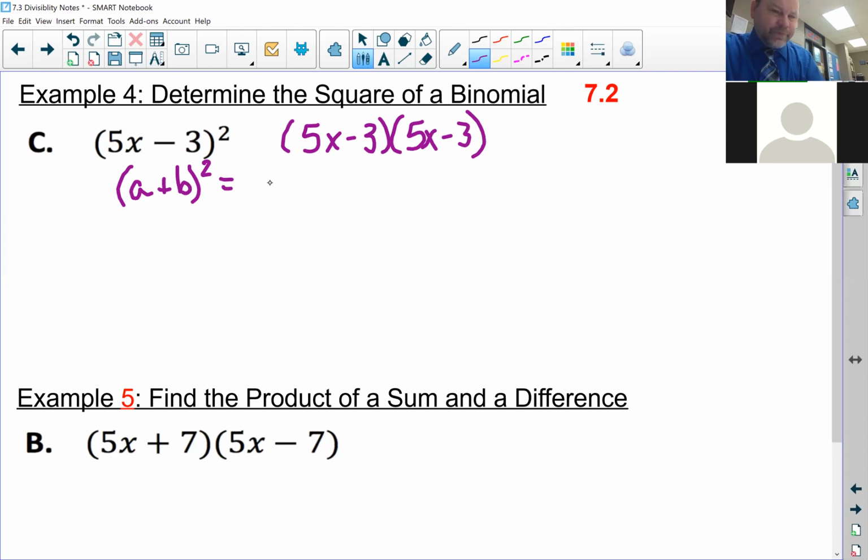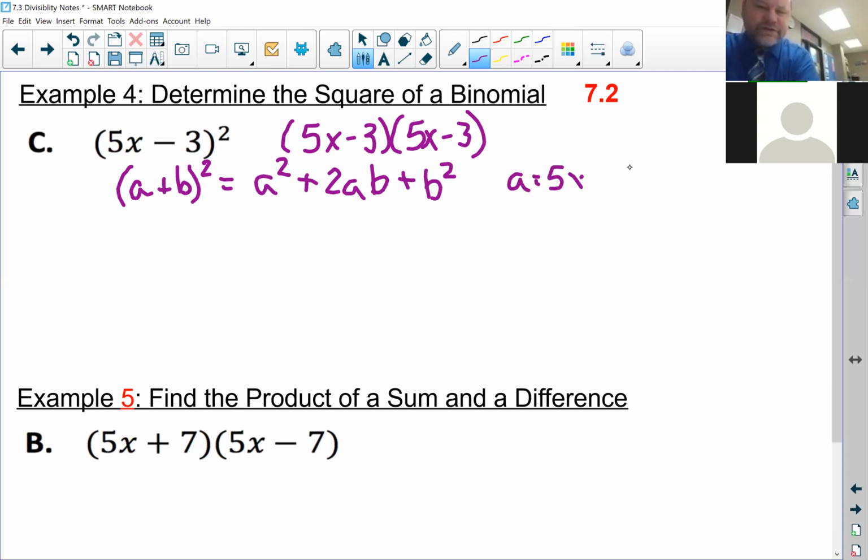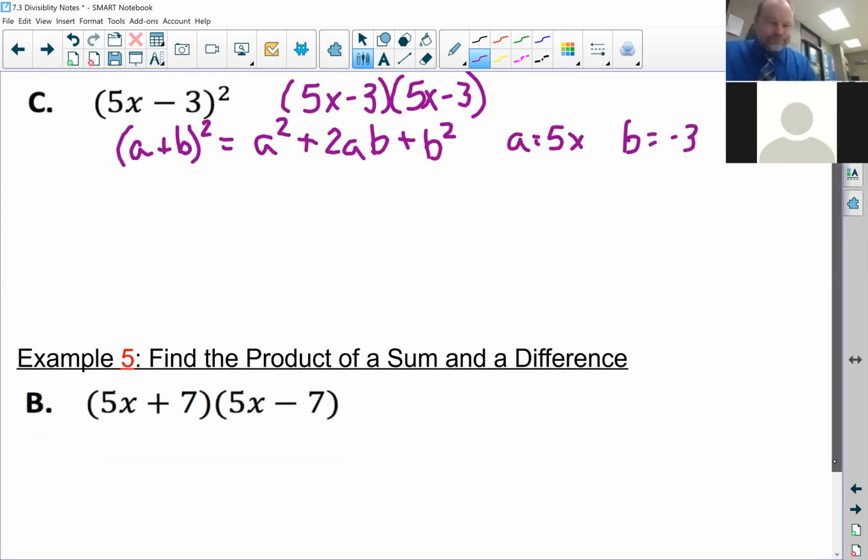If you're using the formula for the square of a binomial, we had this idea where we square the first term plus 2 times the first term times the second term plus the square of the second term. In this case, our A is 5x, our B is -3. Important to have that negative.